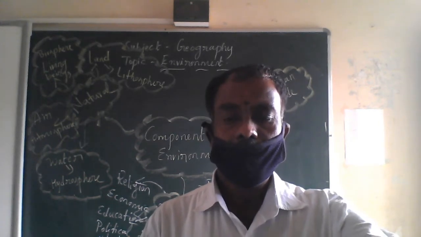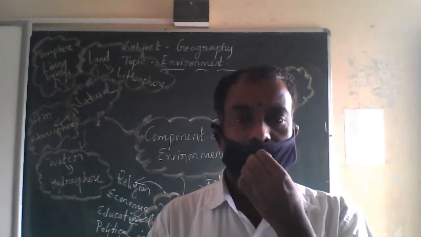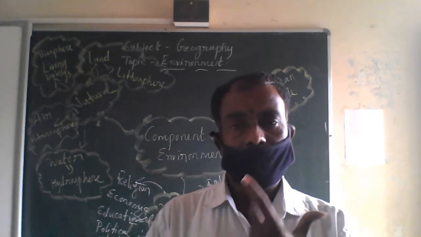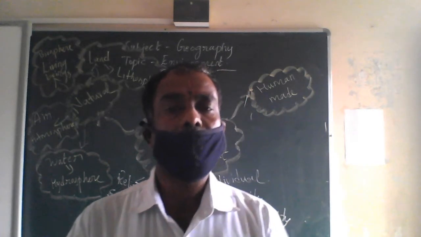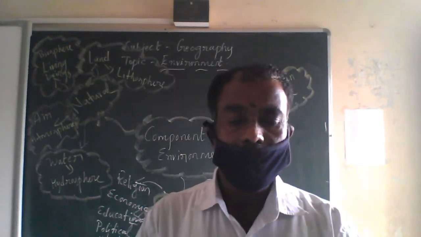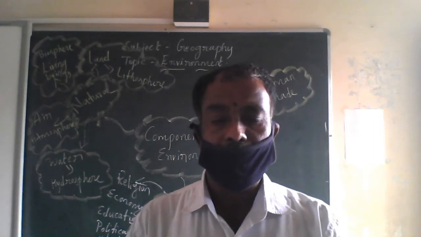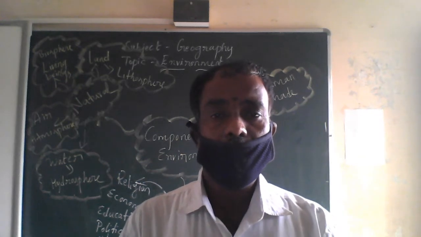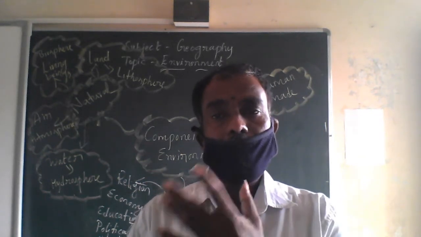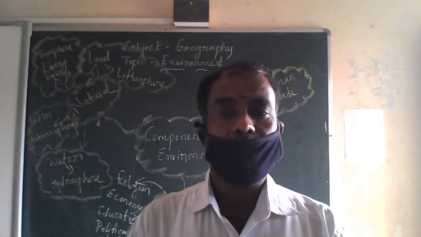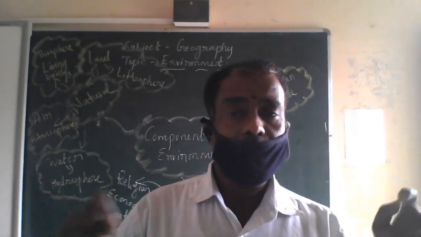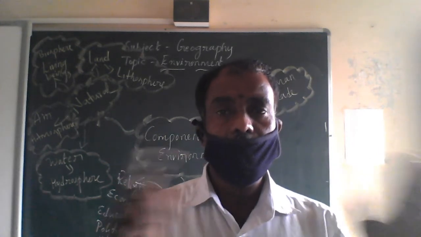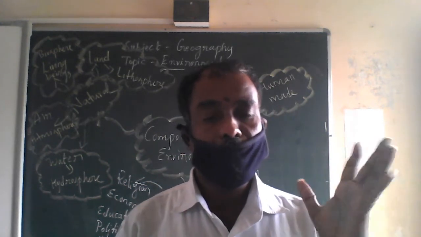And dear students, the human environment consists of, it starts with the individual, then family, then community, then religion, then educational, then economic, and then political situation, and tradition, culture, practices, and so on. And the human made environment consists of whatever things on this earth are created by human beings, all those are considered as human made environment.